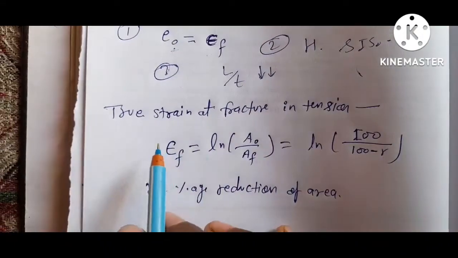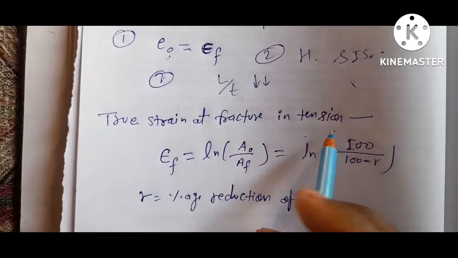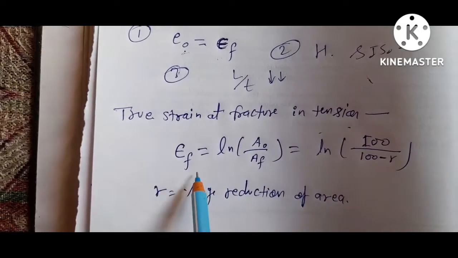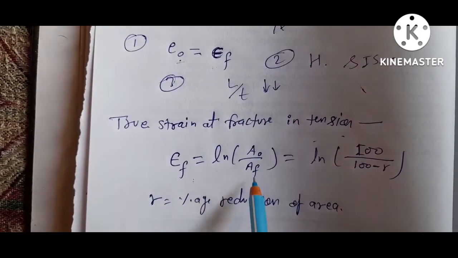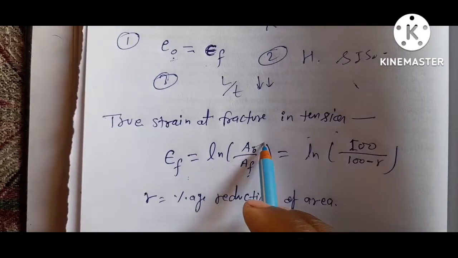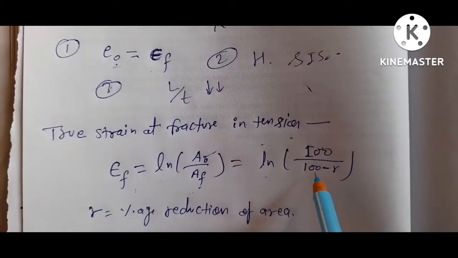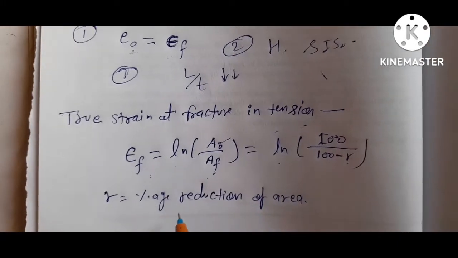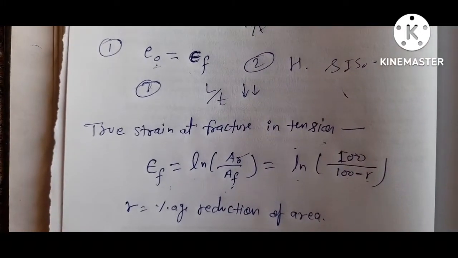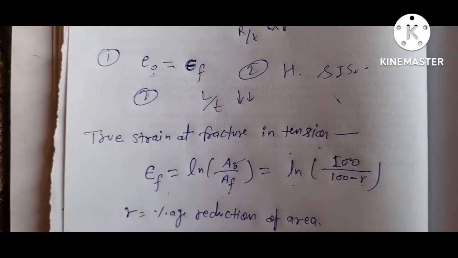Friends, now the formula: the true strain at fracture in tension, epsilon F, is ln A naught divided by AF, initial area divided by final area, which equals ln 100 divided by (100 minus R), where R is the percentage reduction of area of the sheet in tension.